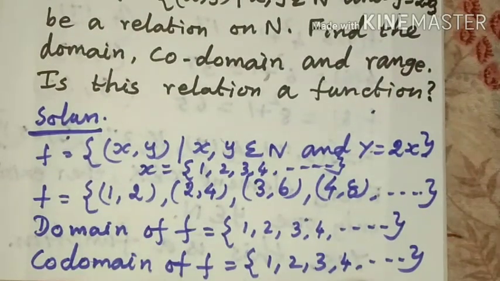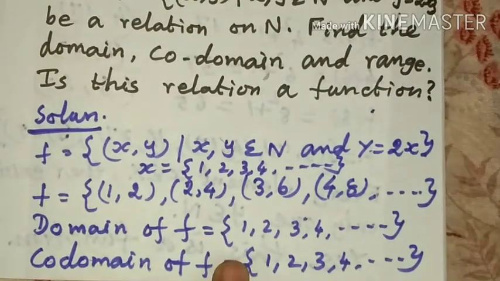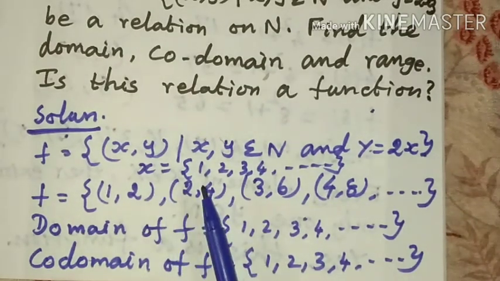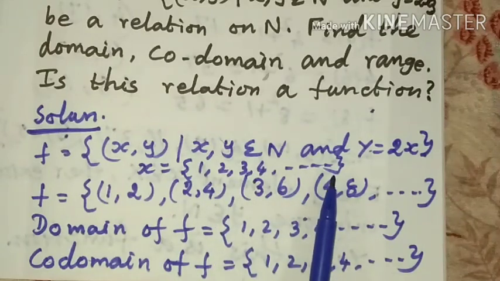Domain is defined as all the elements in the first set. Here the first set is the x coordinate, which belongs to natural numbers, therefore the domain of the function is 1, 2, 3, 4 and so on.